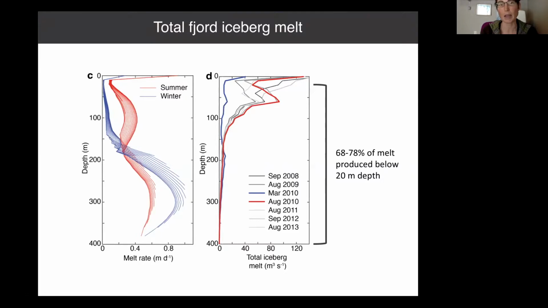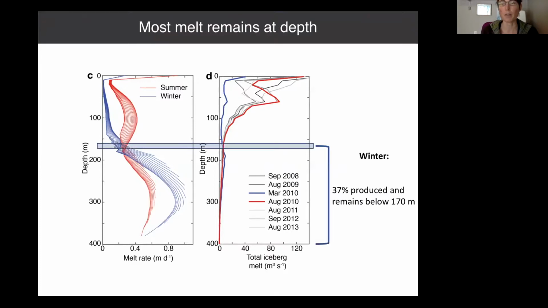So we wanted to get a rough estimate of what this would mean for where our melt might stay. There's a lot more work to be done on this portion of it, but using some of our more simple models of plume and water buoyancy, and identifying where we have different stratified layers in our water column, we could see that in winter we have a stratified layer here at about this shear zone, and almost 40% of our melt during winter is produced and then likely remains below this 170 meter zone.